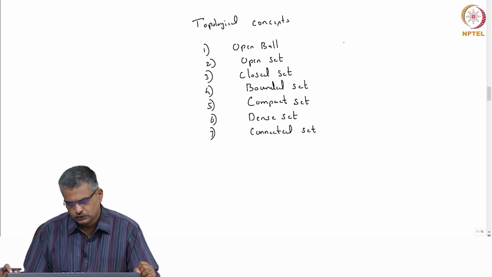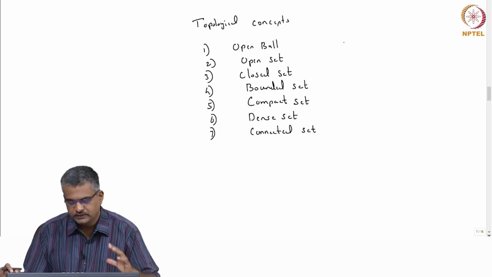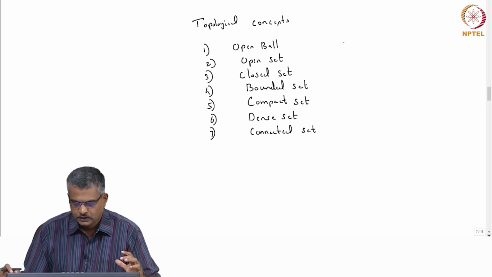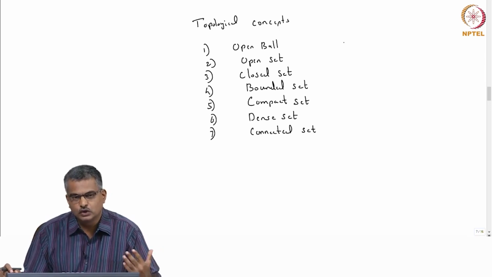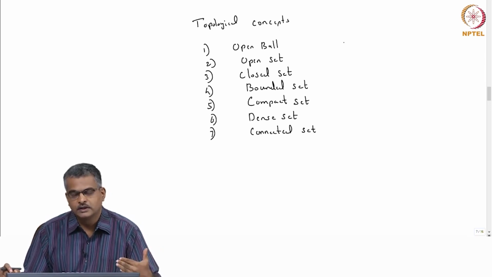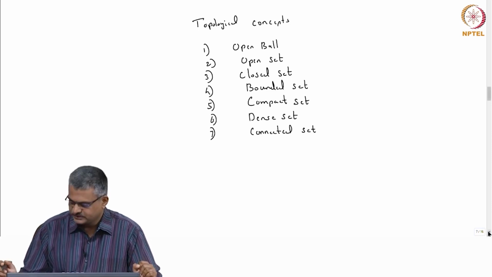The objective is that we should know the definitions of these sets and how they are built. We should also be able to identify when a set is open, when it is closed, when it is compact, and so on. This is the objective of understanding the math preliminaries behind this course. So, we will begin with the notion of open set.